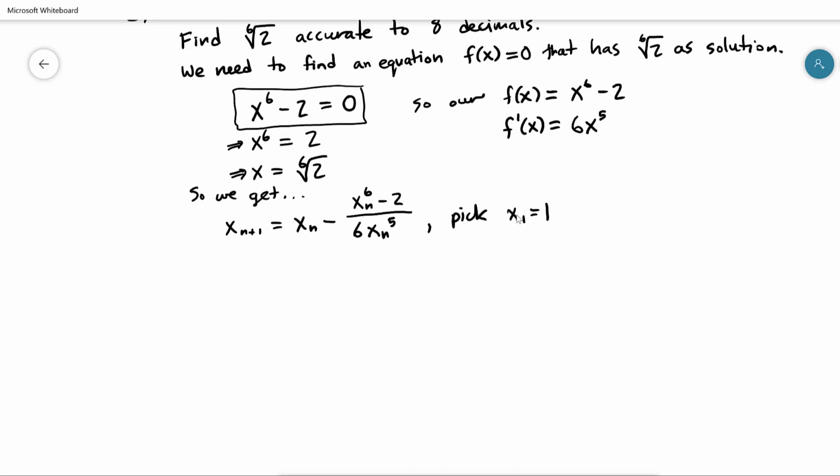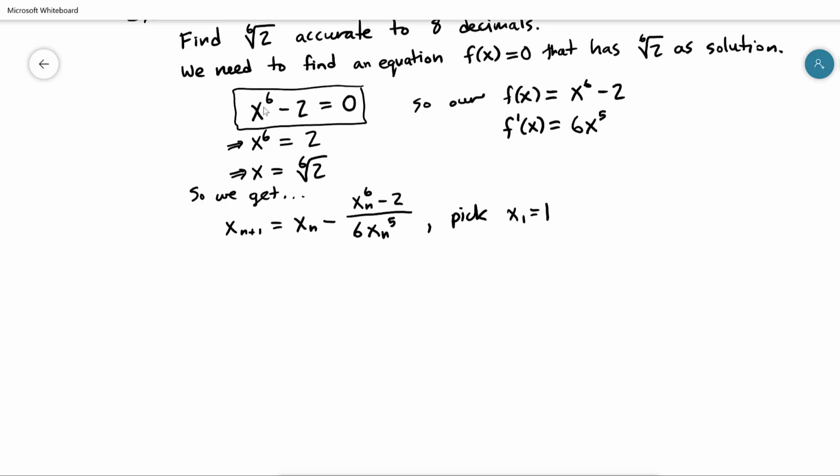Whereas if I picked a number like, I don't know, 10 to the 6th minus 2, right? 10 to the 6th, we're talking about, what is that, like a million minus 2 equals 0. Not even close. So pick a number that's at least on the right order of magnitude. In this case, 1 seems like a reasonable guess. It's going to be a number bigger than 1, but by the time we pick the number 2, for example, 2 to the 6th is, got to do this one in my head, is that 64, I think?